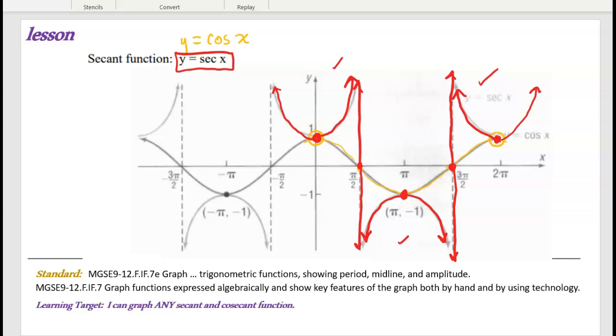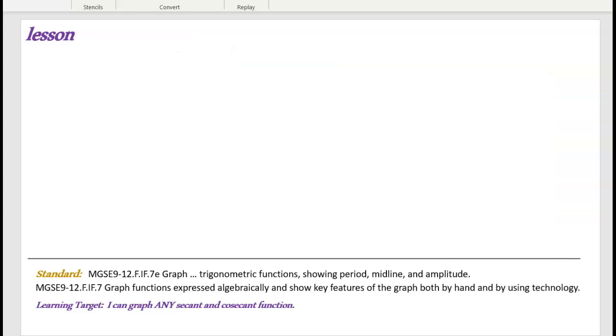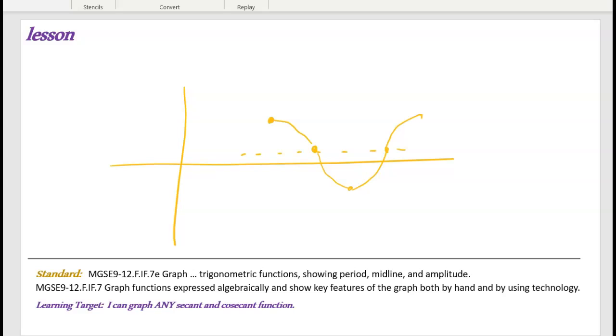So when you're done with secant, even if you draw it by hand, you're going to have what looks something like this. Some of you have been doing this, and you have your midline.